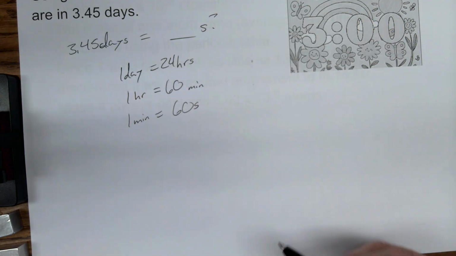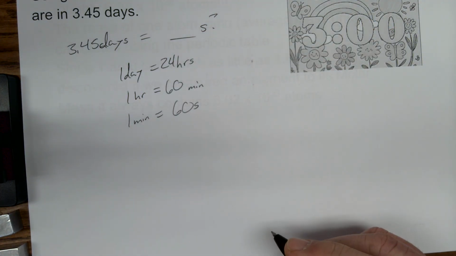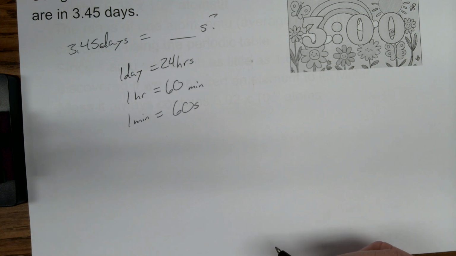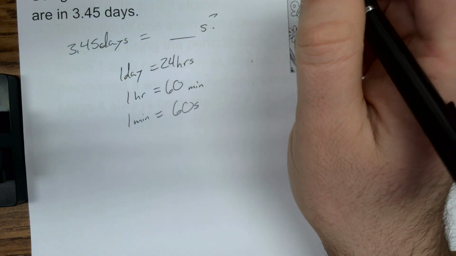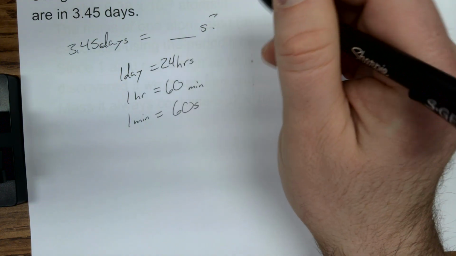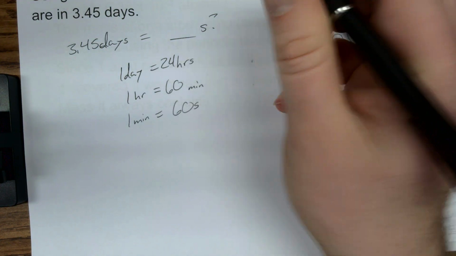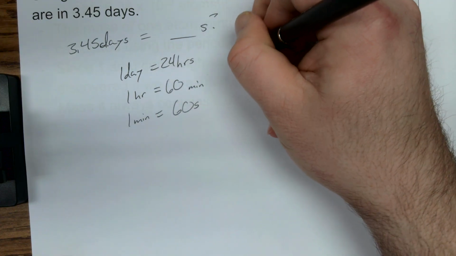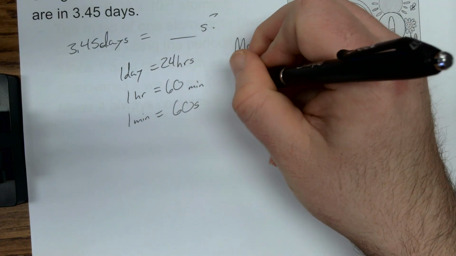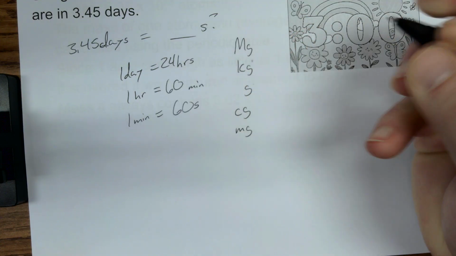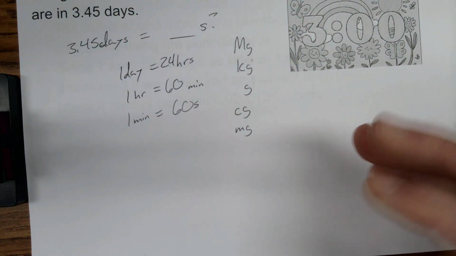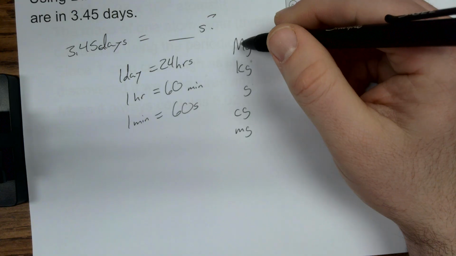So I have three quantities I have to use to get to my final answer. Unless I'm able to calculate from my periodic table, and it's not one of the five we had to memorize, megagrams, kilograms, grams, centigrams, milligrams, these I had to memorize.